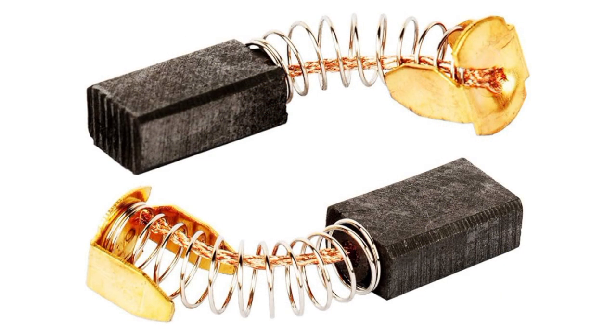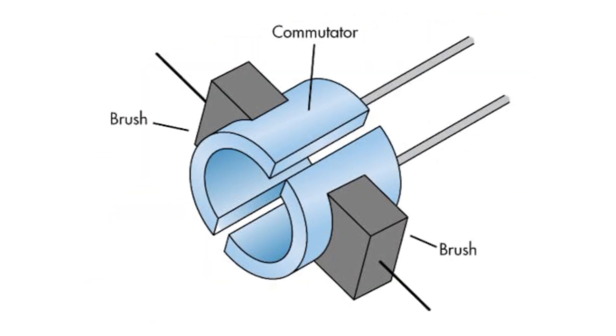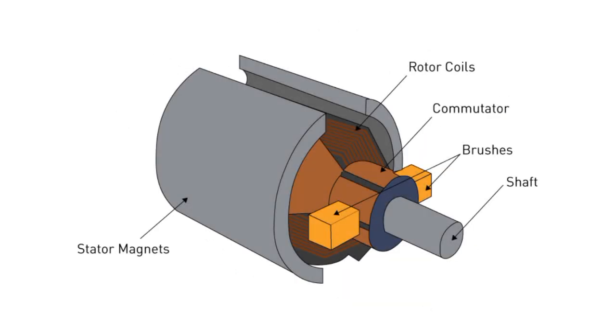So the next important part of a rotating machine is the brushes. Brushes are components which are used in certain types of electrical machines such as DC motors and generators. Brushes are normally used to transfer the electrical current between the stationary and the rotating parts.